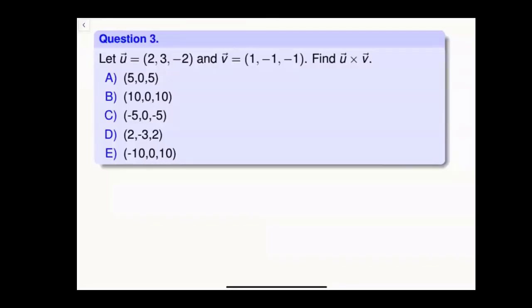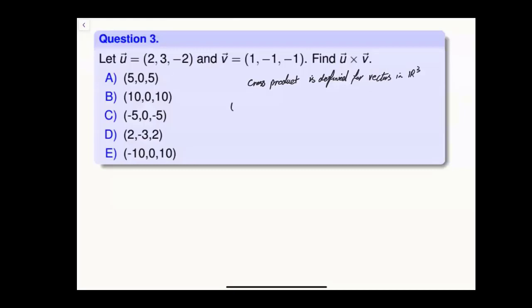Okay, for question 3, we have the cross product of two vectors. First thing is that the cross product is defined only for vectors in R3.